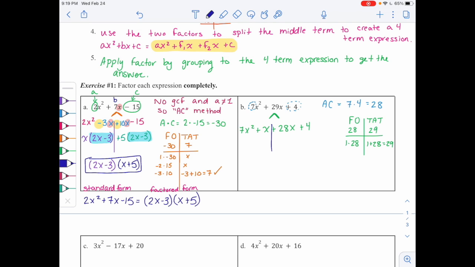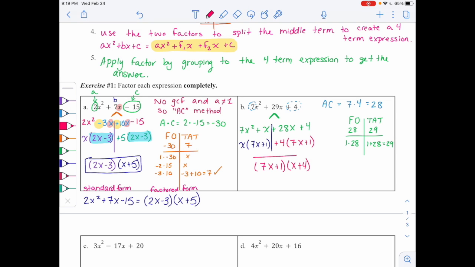Apply factor by grouping. GCF here is x, so 7x plus 1. Greatest common factor on this side is positive 4. GCF 7x plus 1. I know I did it right because I see the same binomial twice. So final answer 7x plus 1, x plus 4.